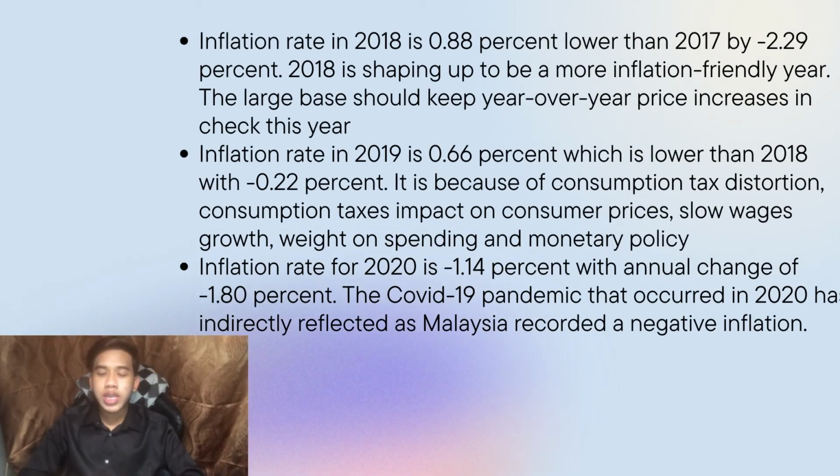The inflation rate in 2018 is 0.88%, higher than 2017 by 2.29%. 2018 is shaping up to be a more inflation-friendly year. The large base should keep year-over-year price increases in check this year.